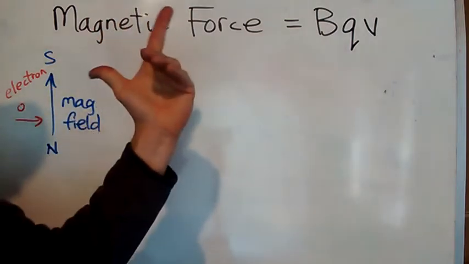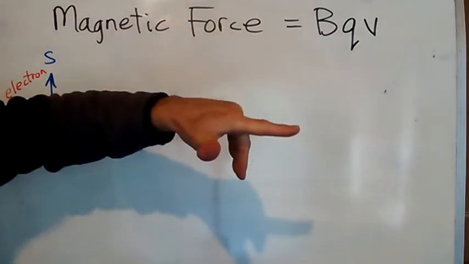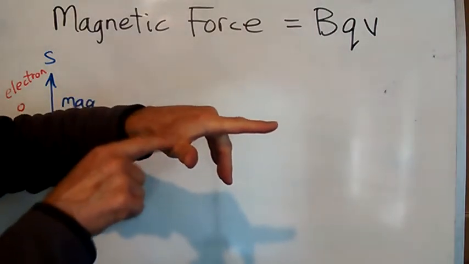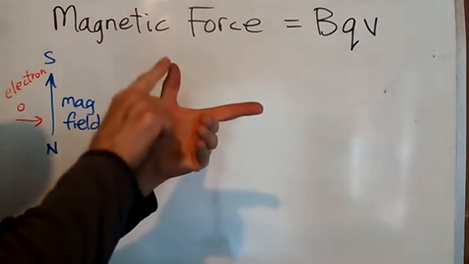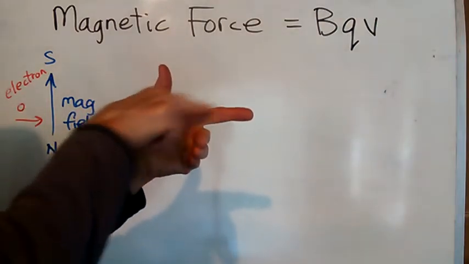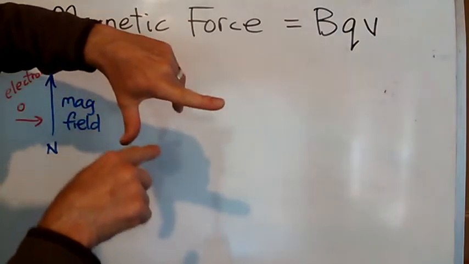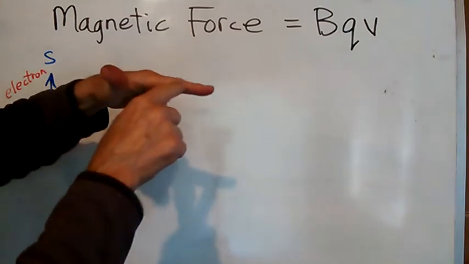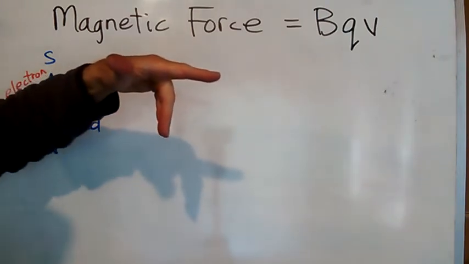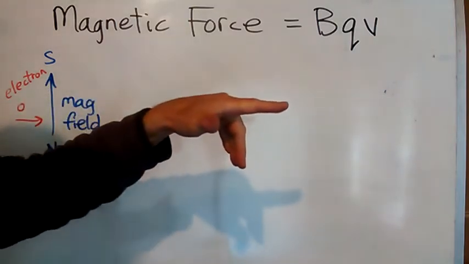So it all follows the left-hand rule when every axis is at 90 degrees to each other. They're all mutually perpendicular. So it follows something called the left-hand rule.